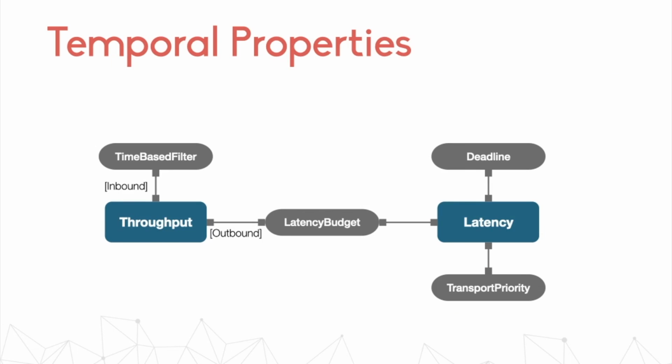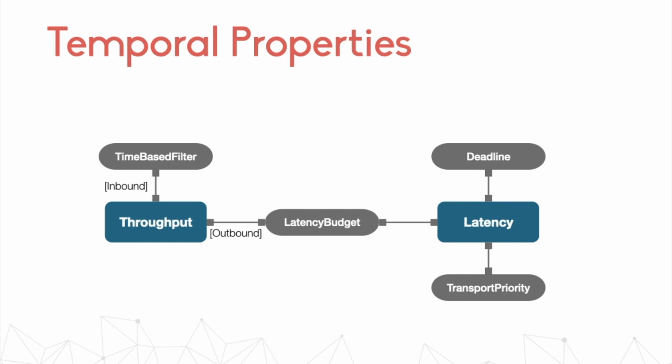Now, some of the QoS that are, I think, particularly important for robotics applications are those that allow you to control the temporal properties. There are 5 QoS that allow you to control throughput, latency, and the trade-off between the two. For instance, if we look at throughput, inbound throughput can be limited by using the time-based filter. In that case, you can limit literally the minimum inter-arrival time of data.